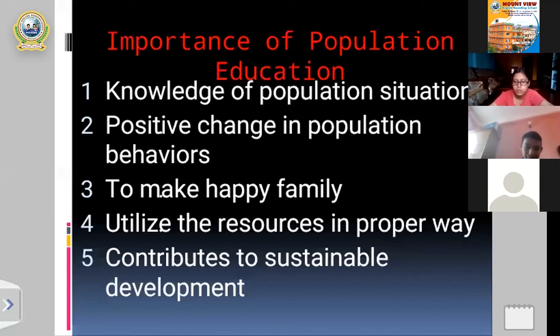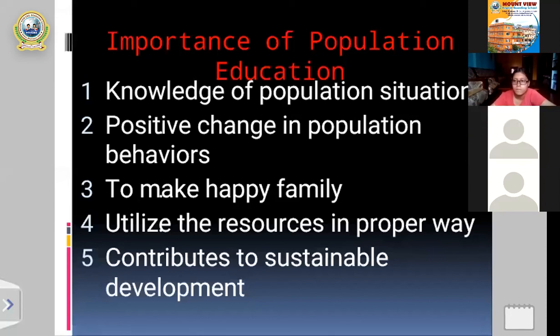So the second importance of population education is positive change, not negative. In case of negative change, it will become very difficult to manage the population. So positive change in population behaviors is very essential to manage the population. That is the second importance of population education.